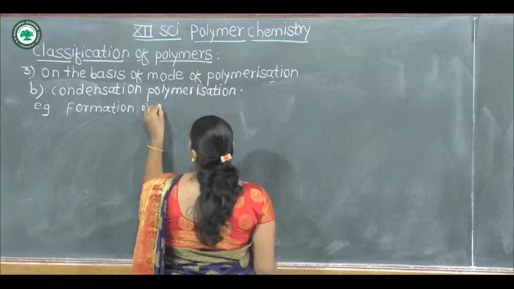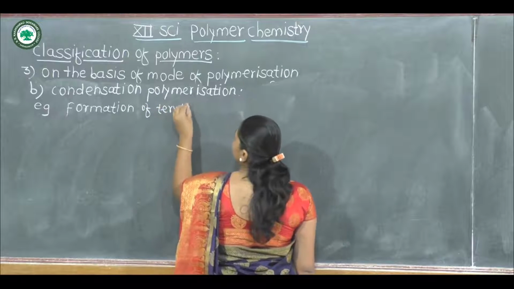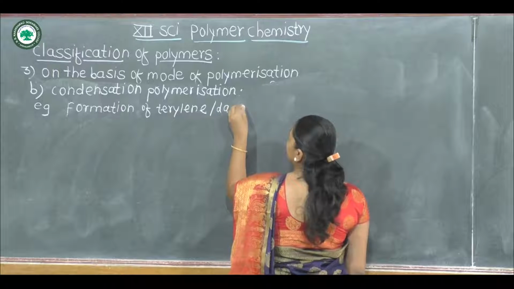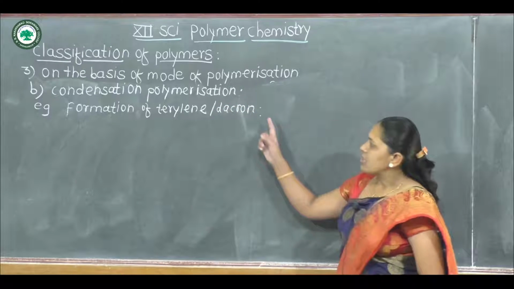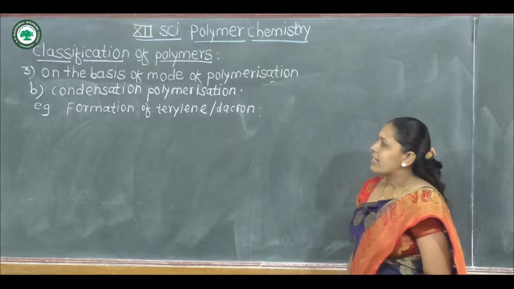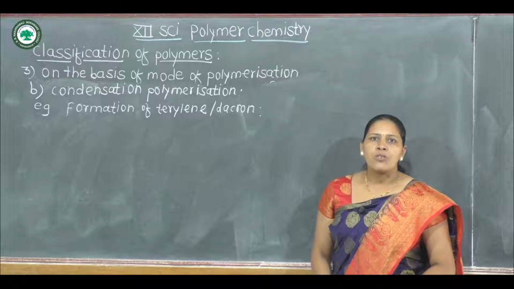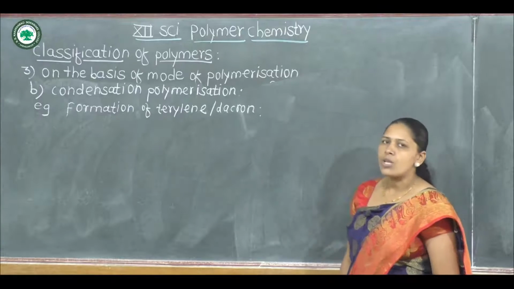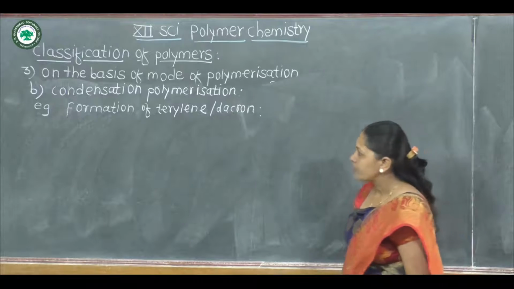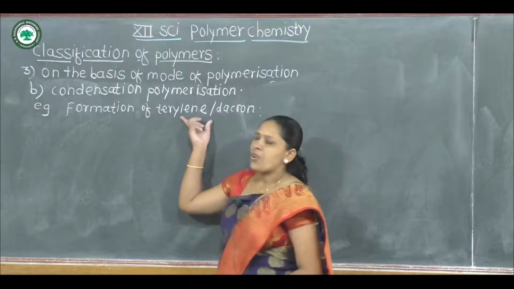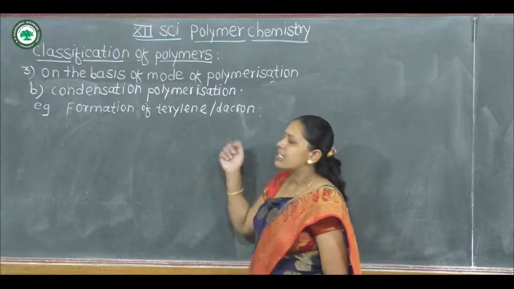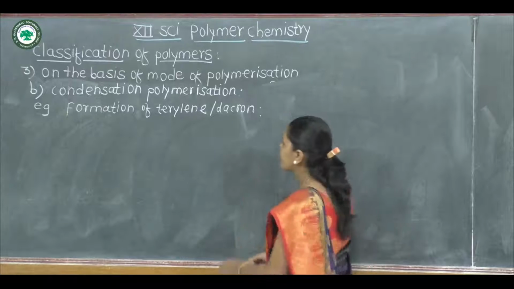Formation of terylene, also called Dacron. This polymer is formed by condensation polymerization, in which small molecules like water, ammonia, hydrochloric acid and methyl alcohol can be eliminated. Terylene is a polyester type of polymer. It contains ester linkage.